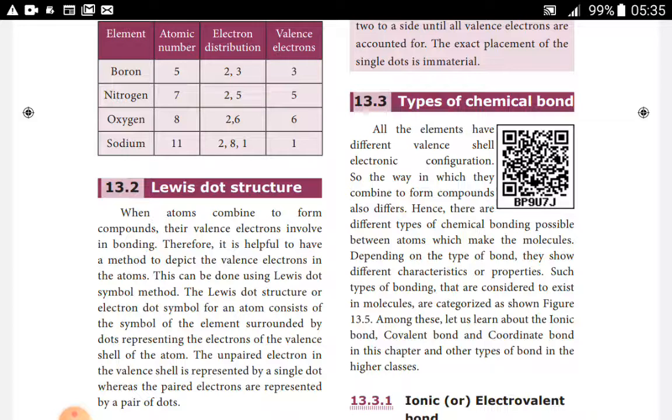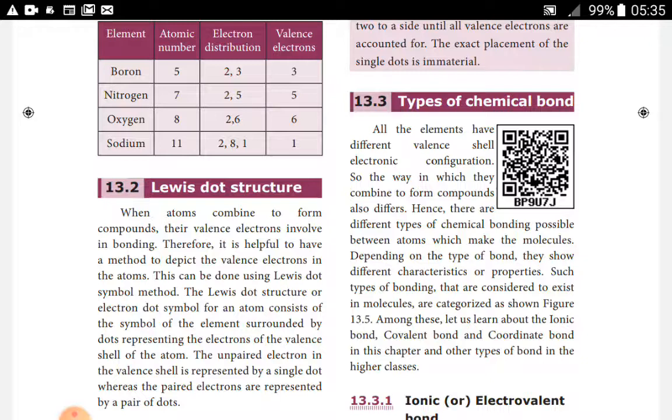To understand it, first we write the symbol of the element, and surrounding it we depict the valence electrons.